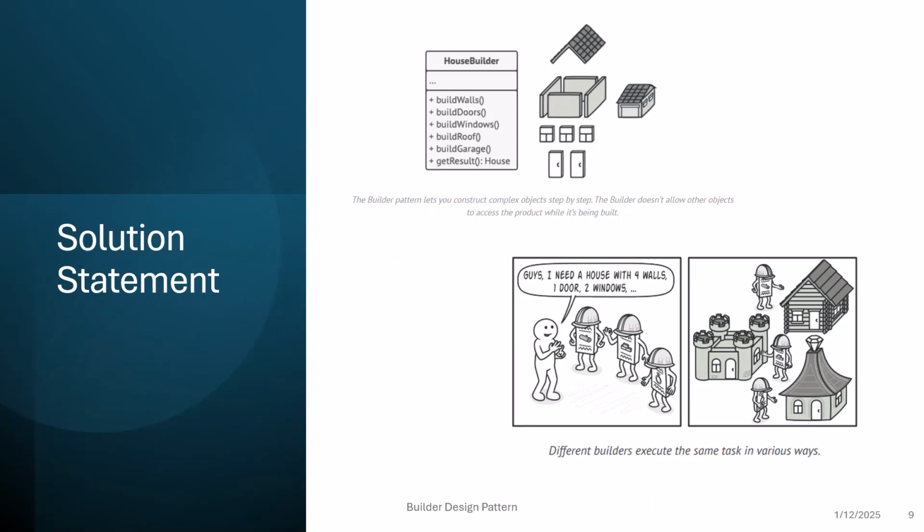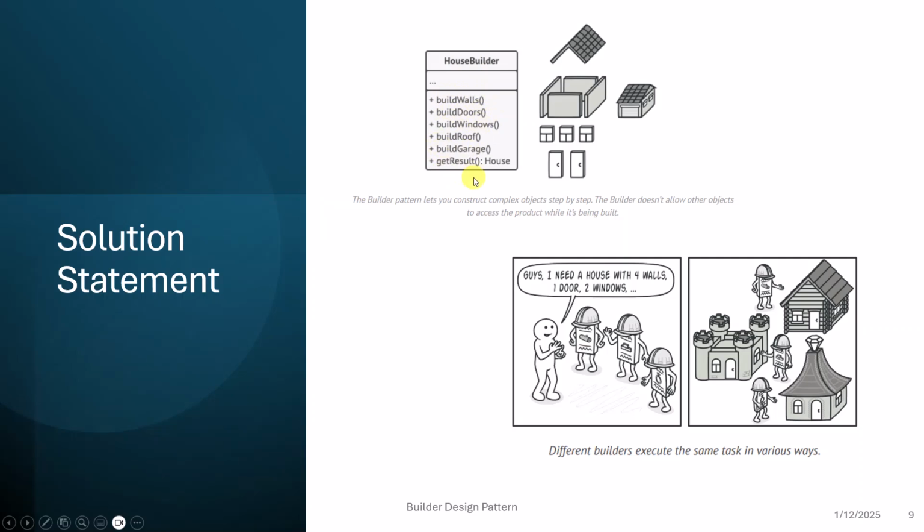How? The builder design pattern suggests that you extract the object construction code out of its own class and move it to a separate object called builder. So for house we can have the house builder, and that will have different construction methods. Like for wall we have build wall, for door we have build door, build windows, like that.